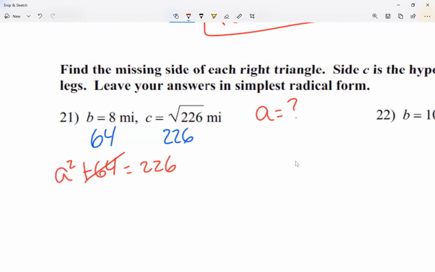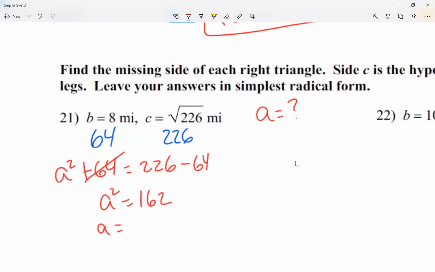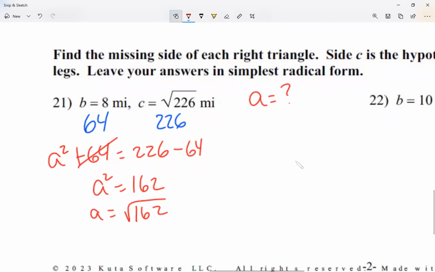My 64, let me move it over, so minus 64. So I get A squared is equal to 162. So that means that A is the square root of 162.